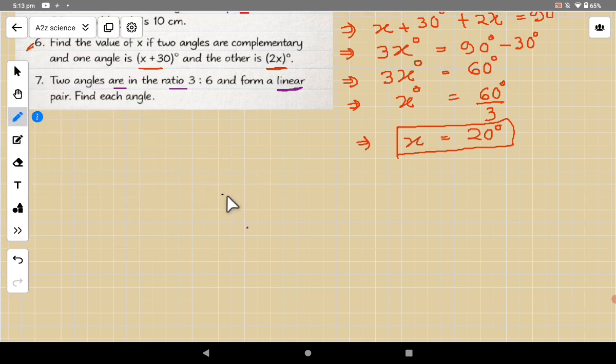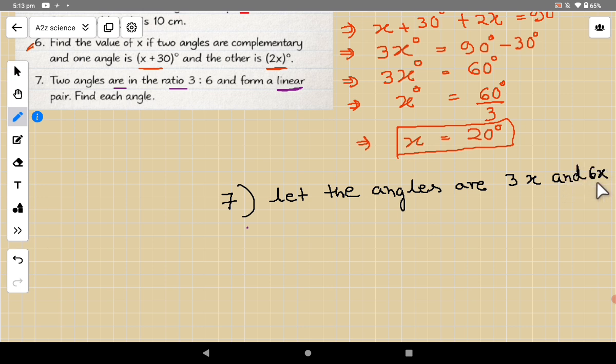First consider, let the angles be 3x and 6x.